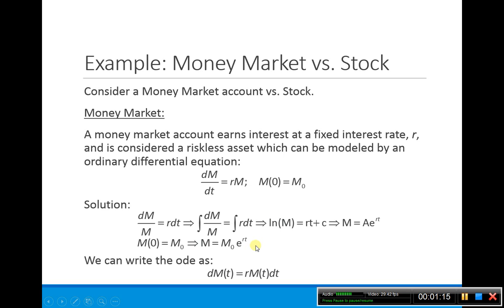Another way that we can write this ODE: we have dm/dt equal to rm, and I'm going to rewrite this by bringing the dt over here, so the change in m is equal to rm times the change in t. The reason I'm writing it like this is that you're going to be able to see the difference between a stochastic differential equation and an ordinary differential equation a lot better when it's written in this type of format.